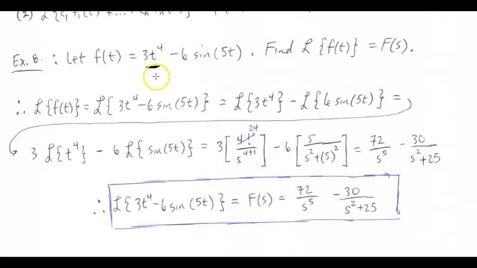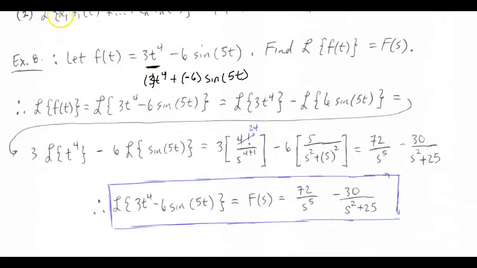Okay, so we could really view this as this plus -6 times sine of 5t. Of course, that would be like that. So constant multiple times function plus constant multiple times another function. And we want to know what's the Laplace transform.